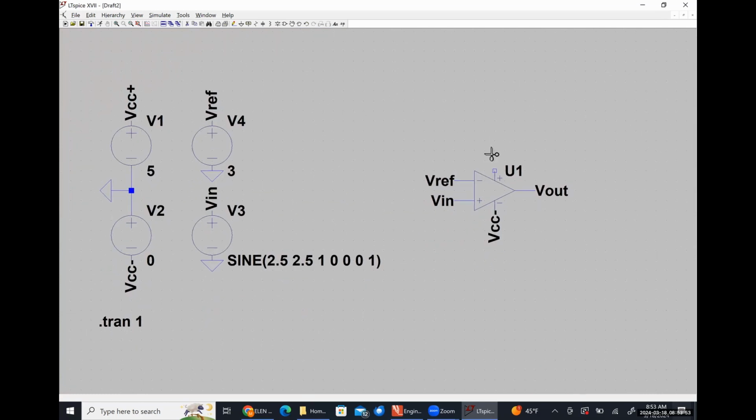So let's delete a couple of things. I'm just going to put a rail of wire up here, and similarly, I'm going to put a rail of wire down here.